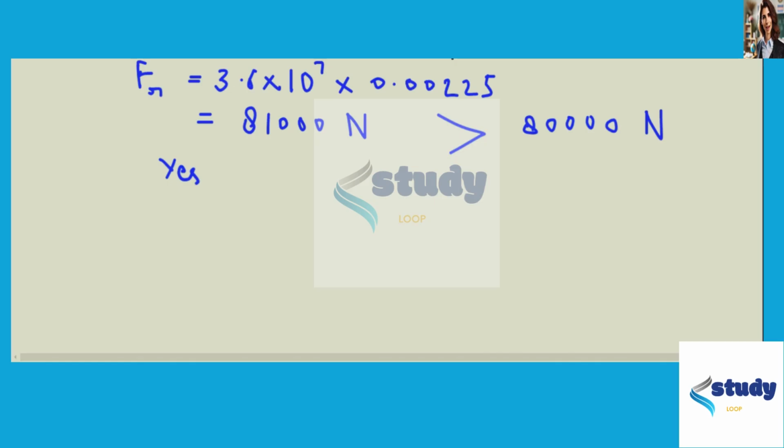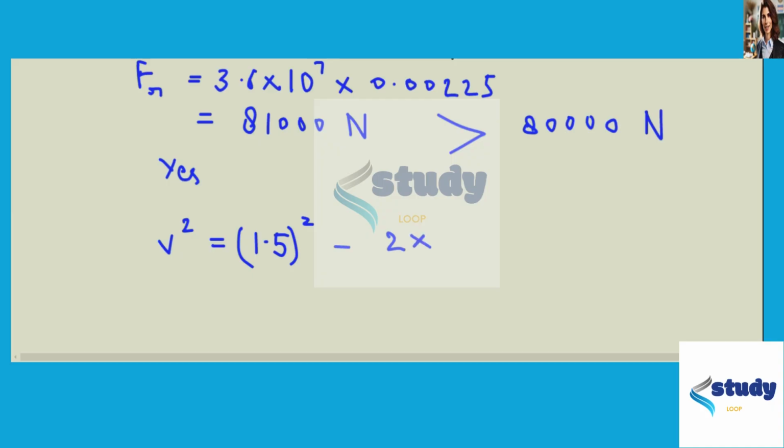Now, if the ship will hit the reef, then let us find the final velocity on hitting the reef. Let the final velocity be v. Then again using the third equation of motion, v squared is equal to the initial velocity 1.5 squared minus 2 times the new acceleration of the ship, which is provided by the engines.